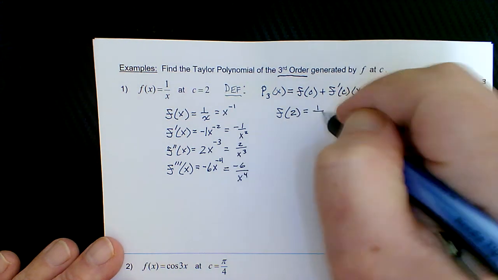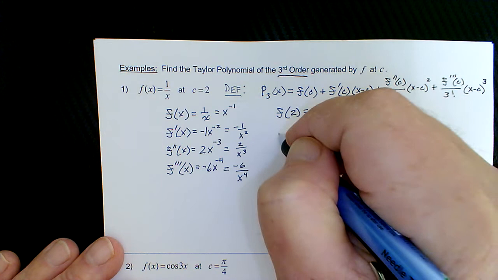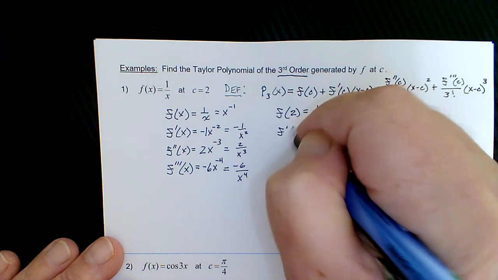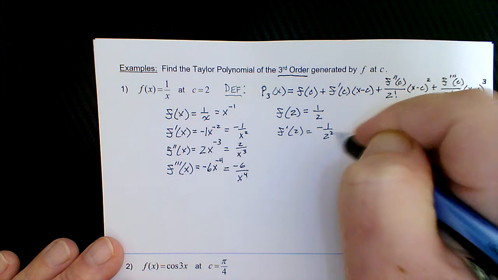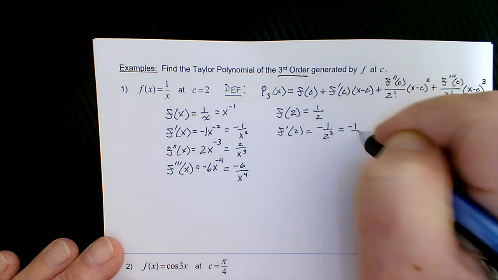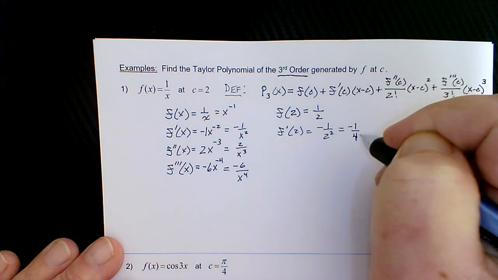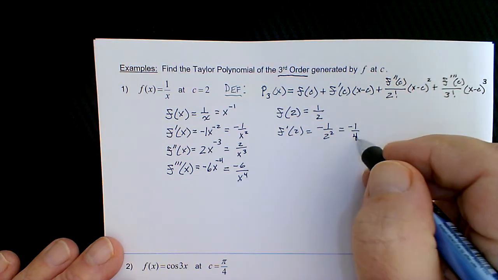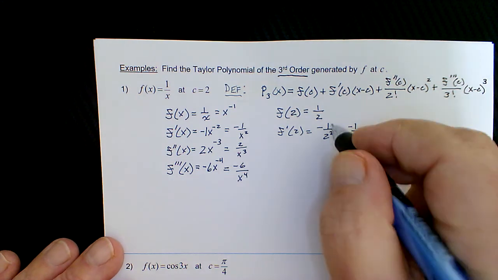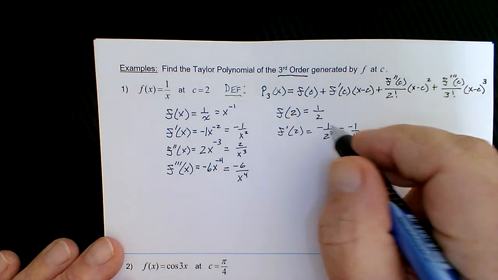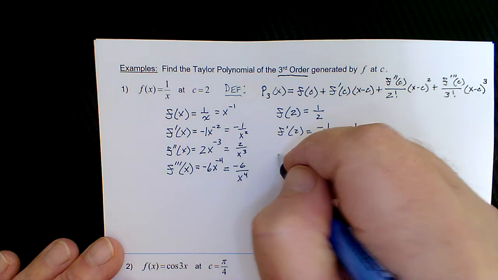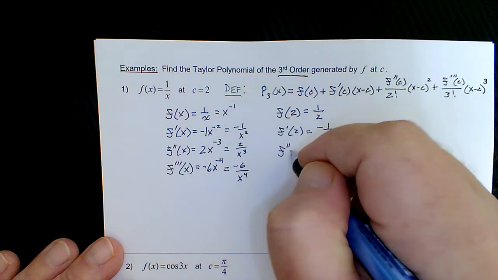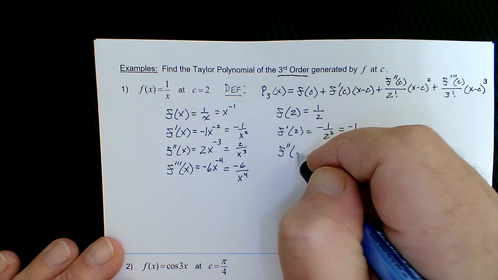So we get 1 over 2 for f of 2, for f prime of 2, negative 1 over 2 squared, or negative 1/4. You know, normally I wouldn't say negative 1/4. I would say leave it as negative 1 over 2 squared, because you want to preserve the power. But because it's a polynomial, once again, we're a little bit more liberal.